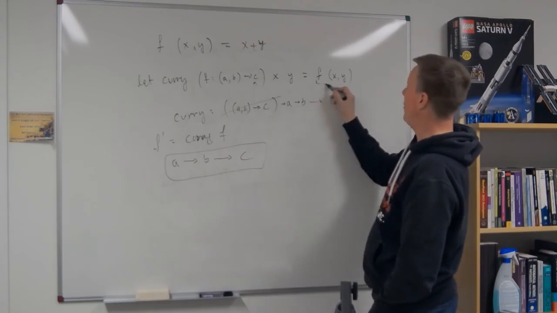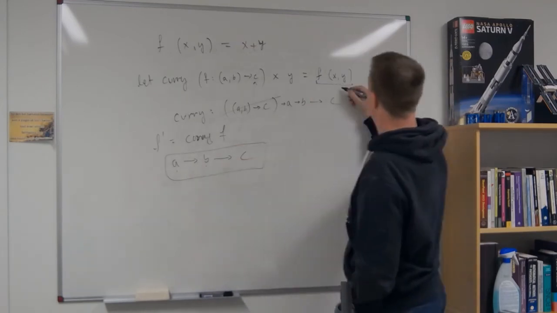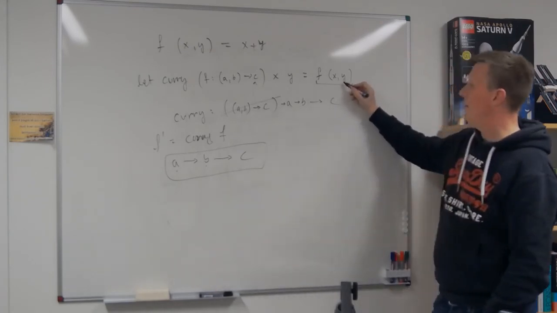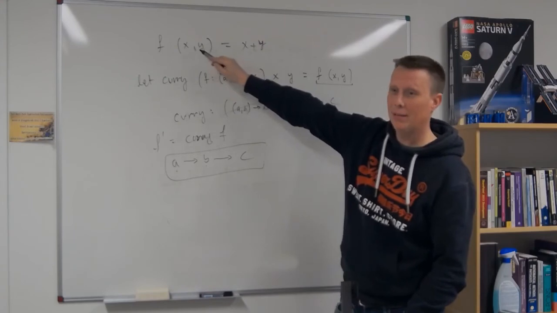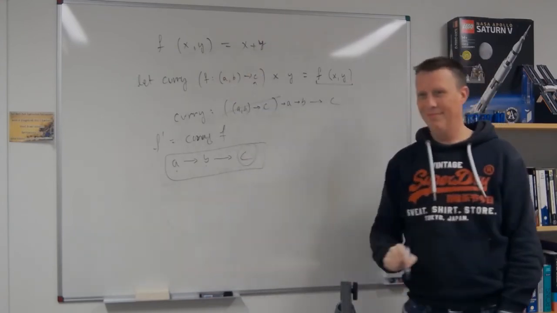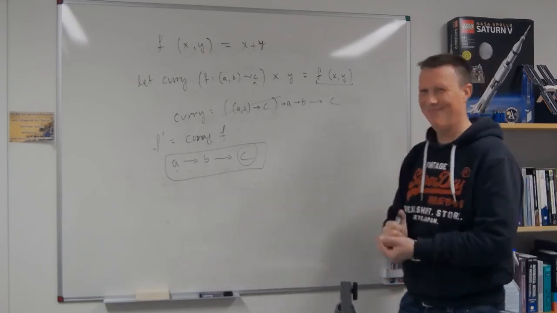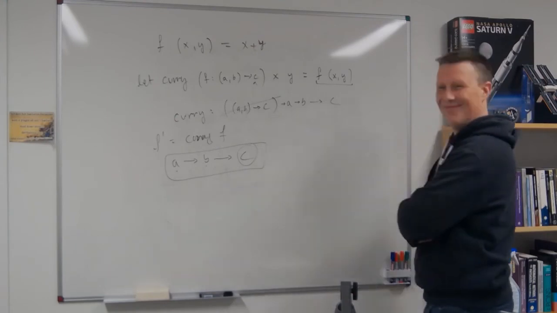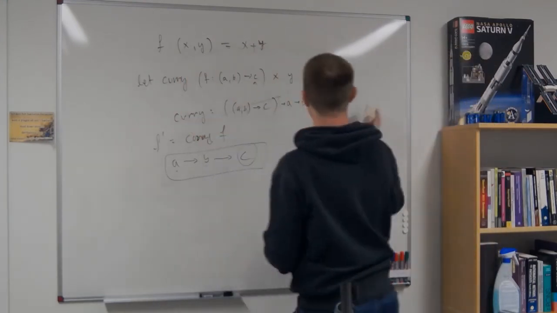And the implementation is simply, all I have to do when I supply a and b, I just feed them in, create a pair of them, and give them to f, because f accepts a pair. I create the pair, I call f, and I get the c out. Mind bending, but pretty cool.